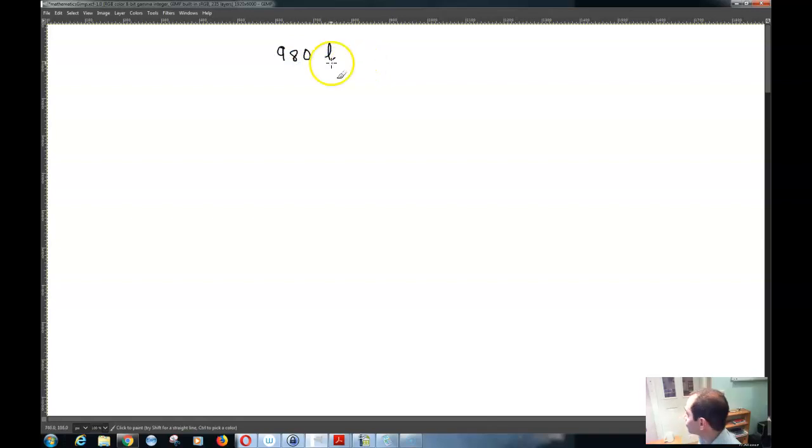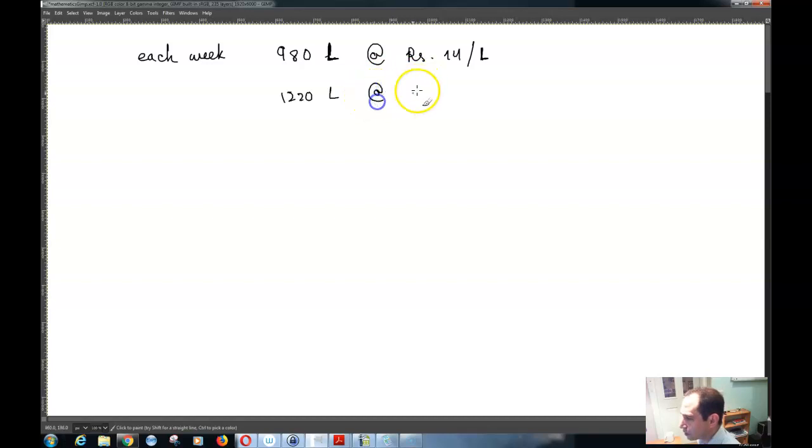Let's take this as capital L. And 1220 liters of milk each week at 16 rupees per liter.